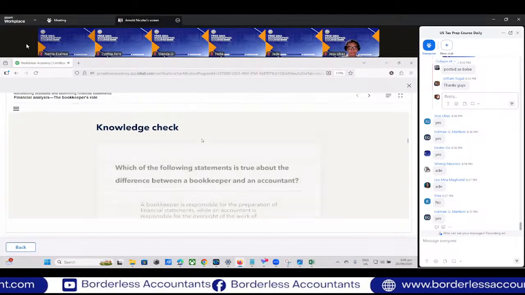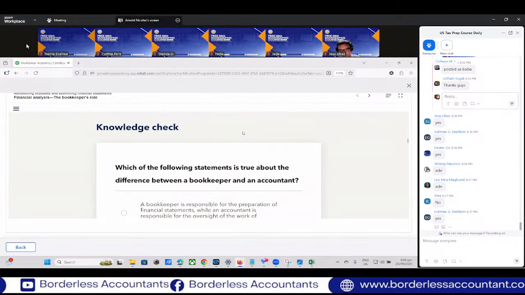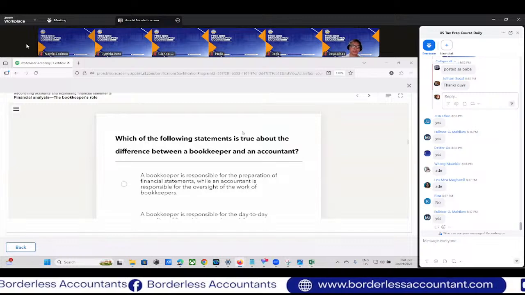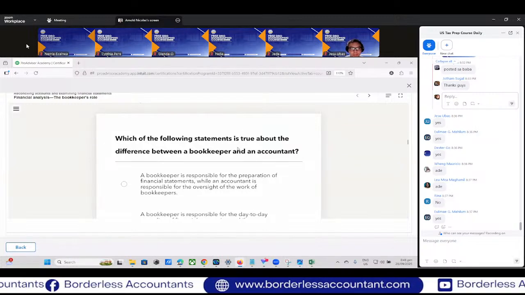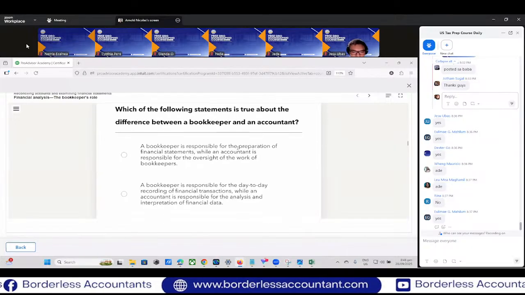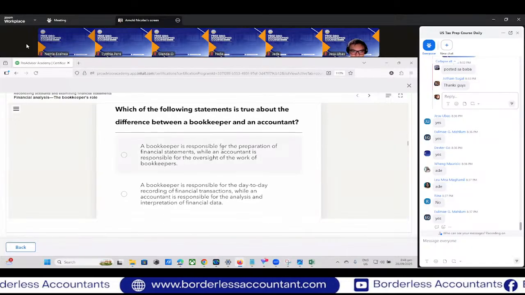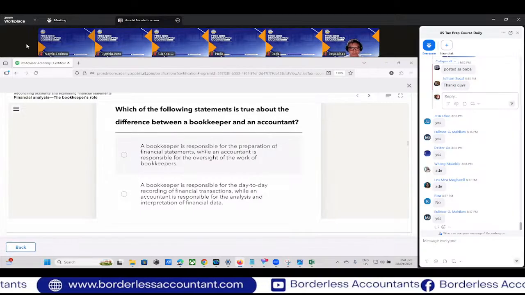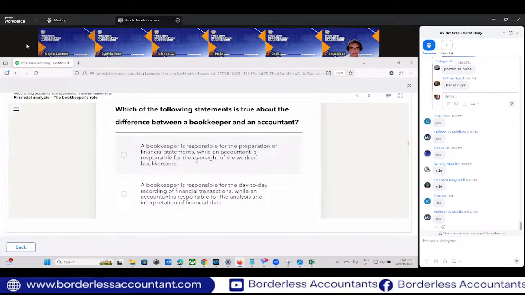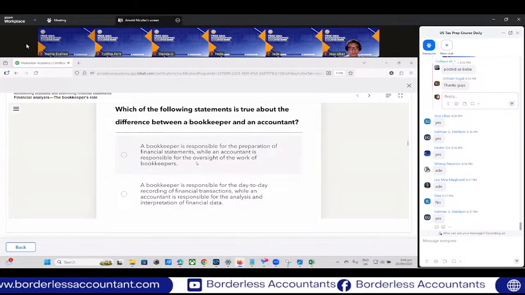Okay. Another knowledge check. Which of the following statements is true about the difference between a bookkeeper and an accountant? A bookkeeper is responsible for the preparation of financial statements, while an accountant is responsible for the oversight of the work of the bookkeepers.